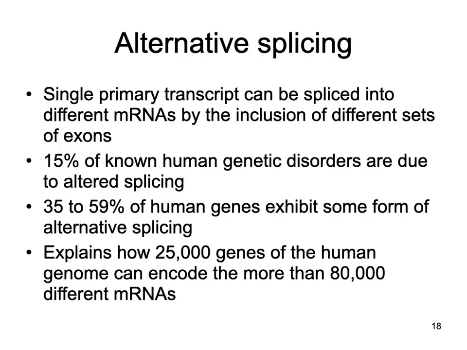We know that the single primary transcript, before it gets altered and cut up, can actually be spliced to make different mature mRNAs. So what that is saying is that the same gene in eukaryotes can actually be made into several different products depending on what introns are cut out and what exons are spliced back in.